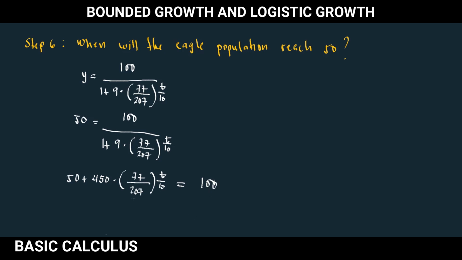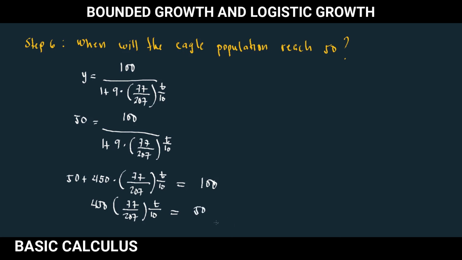Of course, what we are going to do here is isolate this term right here. So we need to add both sides by negative 50, so we're left with 450 times 77 over 207 raised to t over 10, and then on the right, 100 minus 50, so that gives us 50.